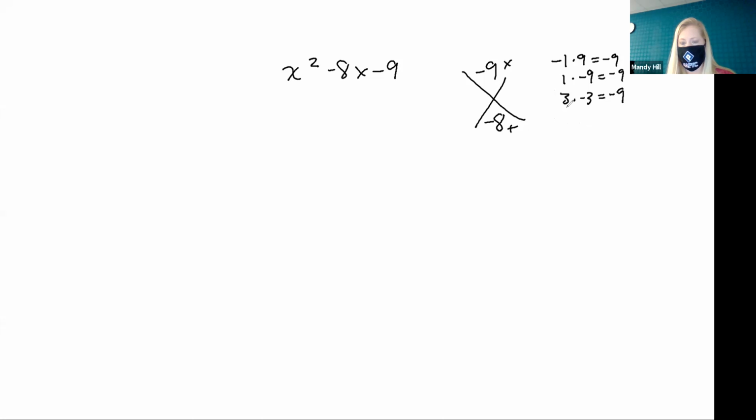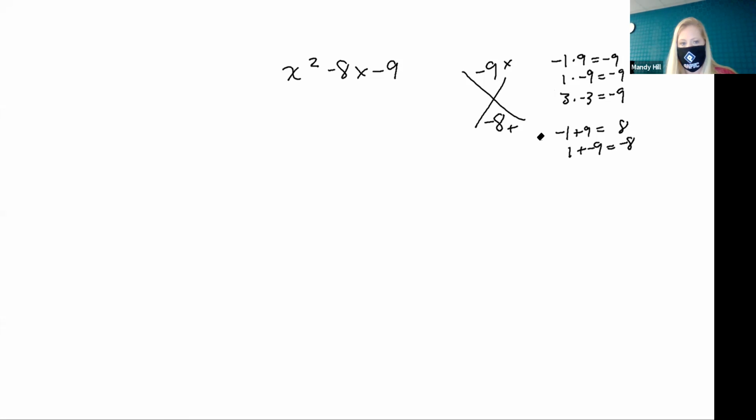We could reverse the 3's. But then when we add those, negative 1 plus 9 would be positive 8. 1 plus negative 9 would give me negative 8. Jalen, you didn't catch my mistake. That needs to be a positive 8, right?